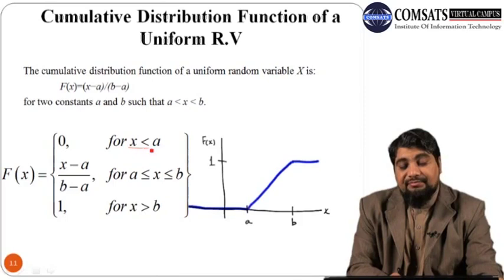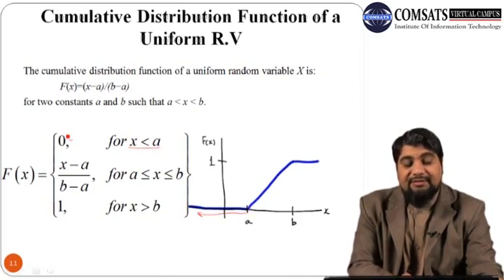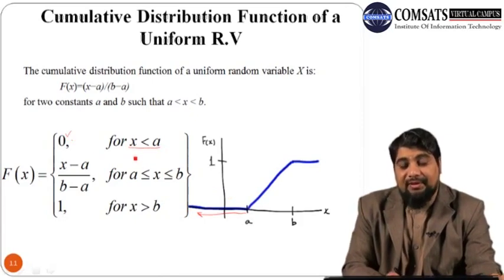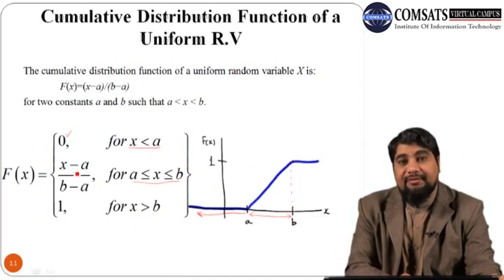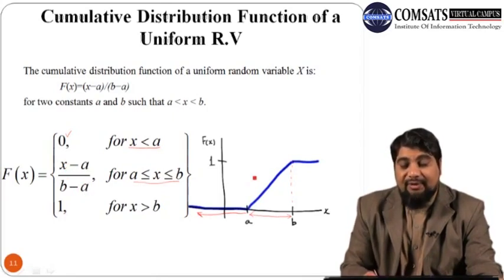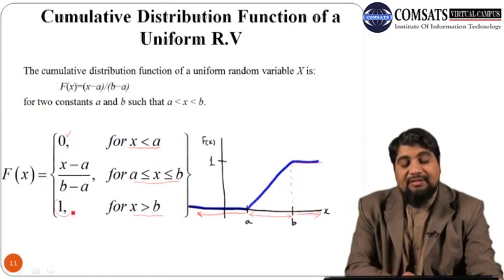Whenever x lies to the left of A, this CDF is equal to 0. Whenever x takes values between A and B, this CDF is 1 over B minus A times x minus A. And whenever x is greater than B, this will be equal to 1.